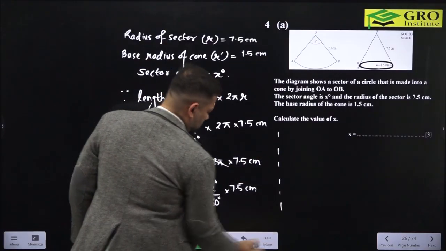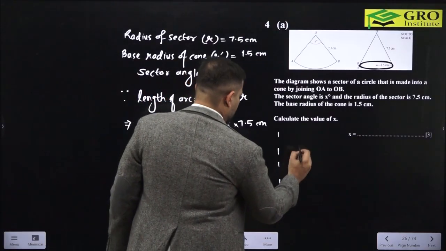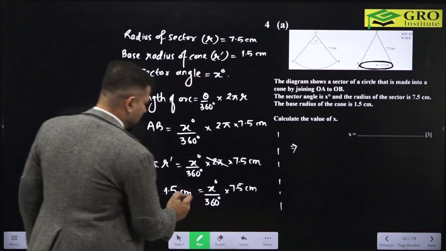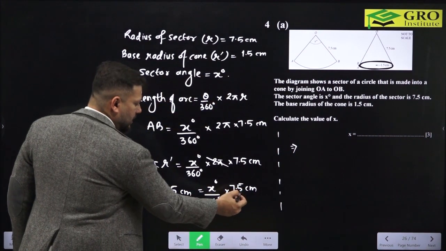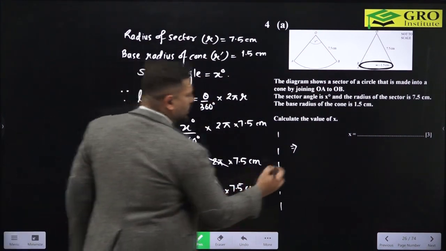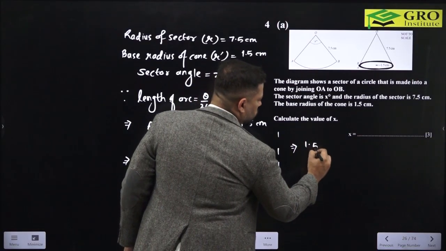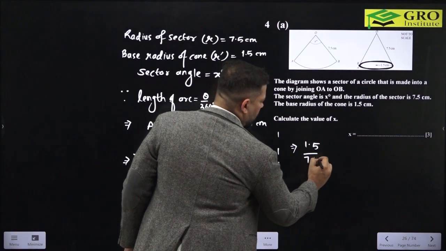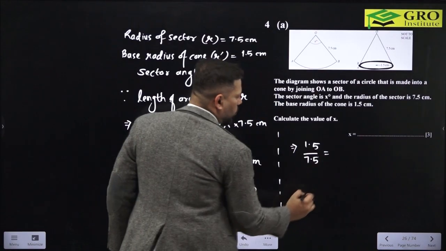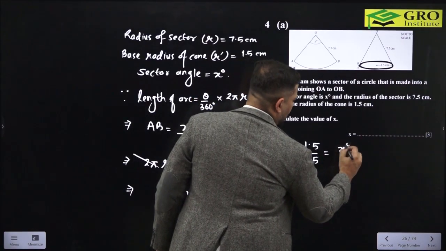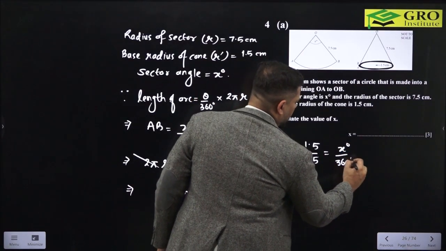Let us quickly transpose it. When I transpose it, I see that this 7.5 centimeter will move down as the denominator of 1.5. So it will be 1.5 upon 7.5 equals x upon 360 degrees, isn't it?